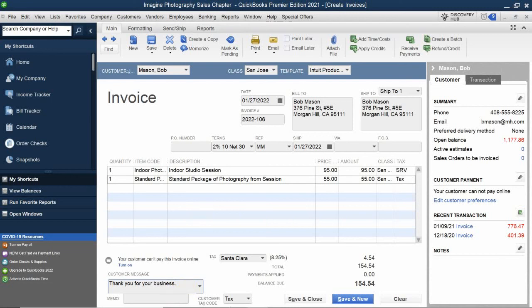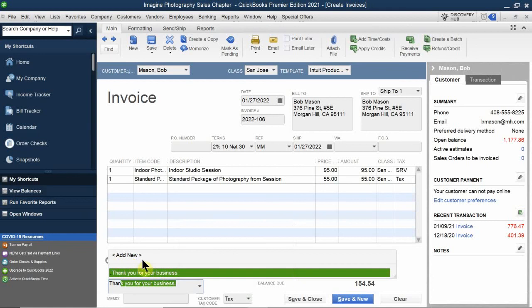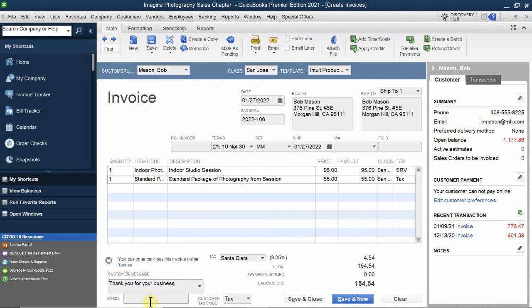When I typed it in here, that drop-down menu allows you to add it, so instead of having to type that in every single time for every single customer, you can just select which message you want. In this case, thank you for your business is good enough. Memo: he bought one indoor photo session and one standard package.